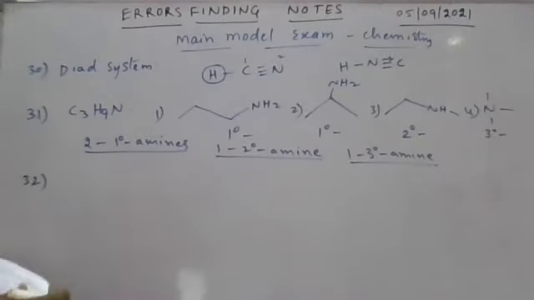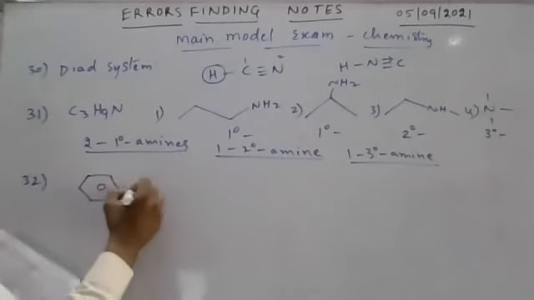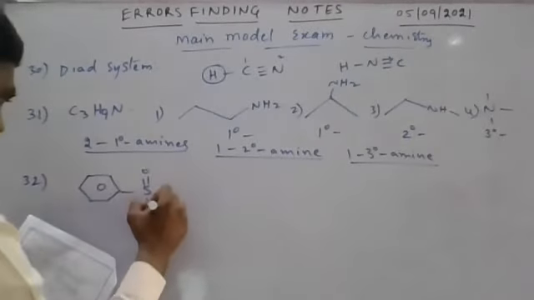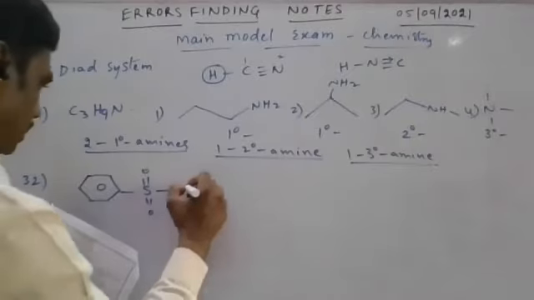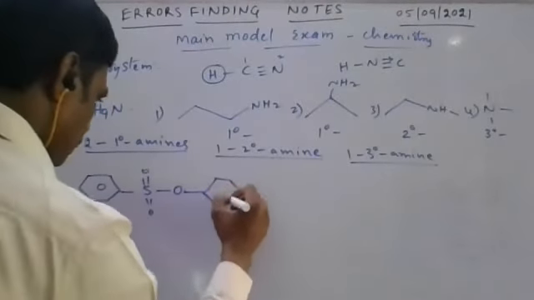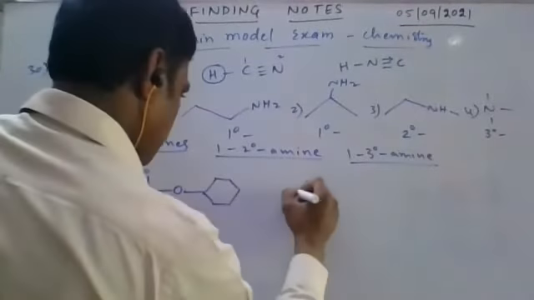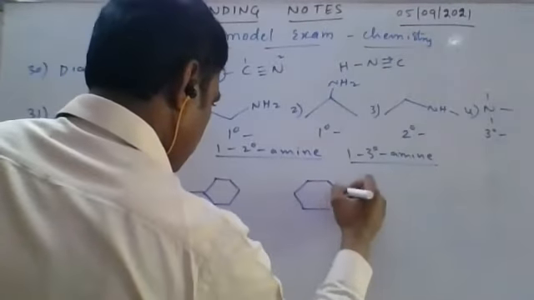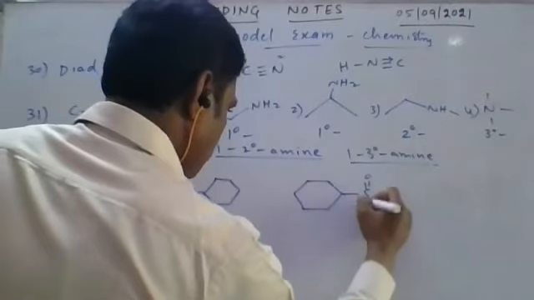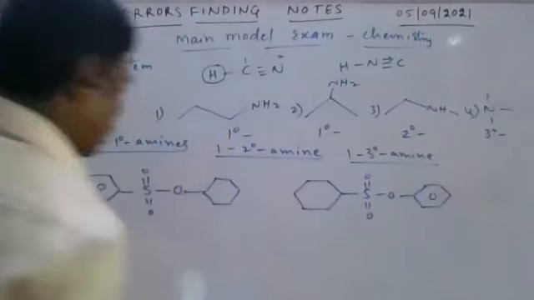Question number 32. Look at this. Here two different structures of cyclohexyl ring. Nana. Here, look at this.